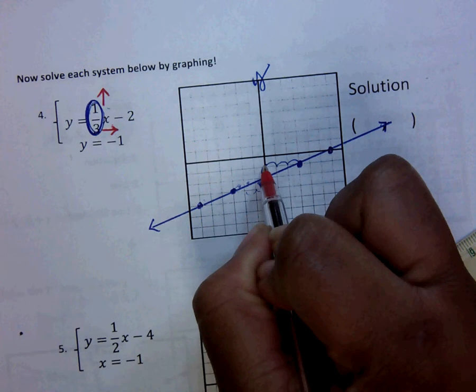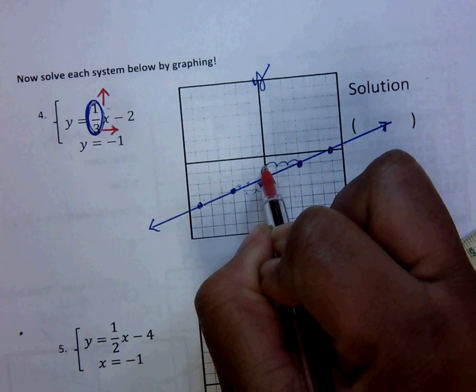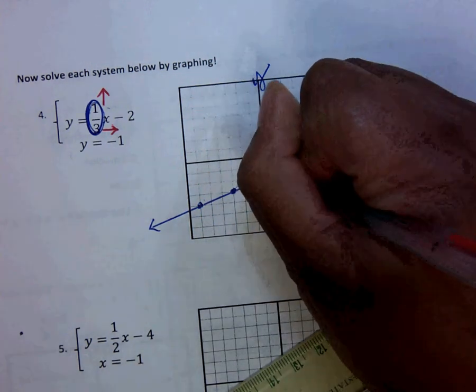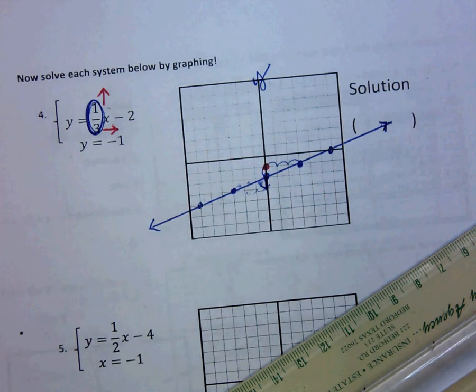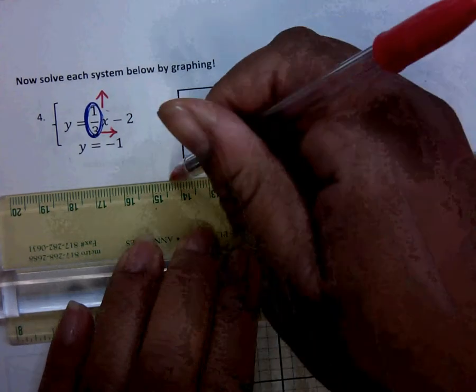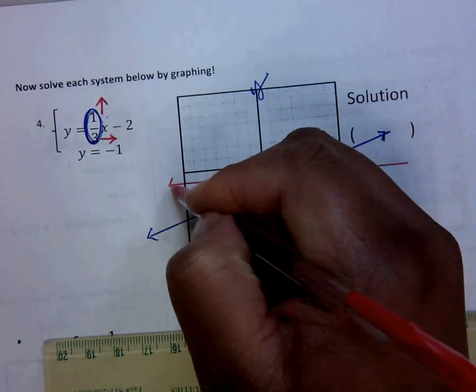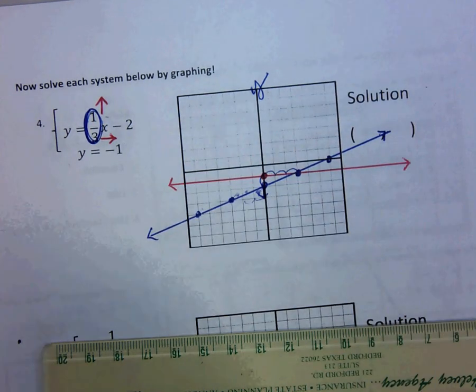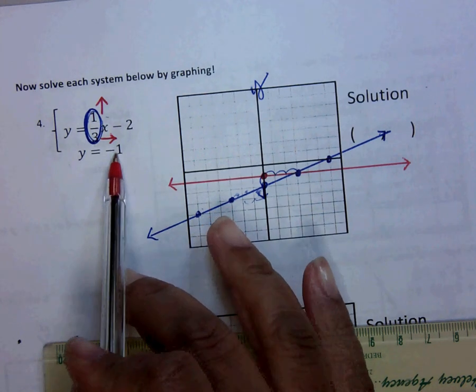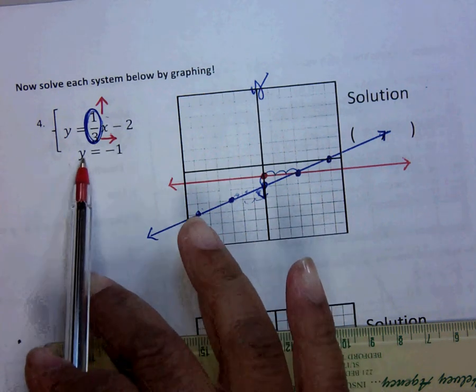I want you to graph a line that represents y equals negative 1. Some of you do this. That is not the only time y is negative 1. Y is negative 1 for this entire horizontal line. So when you see y equals negative 1, you should be drawing a line at negative 1 that crosses the y-axis.